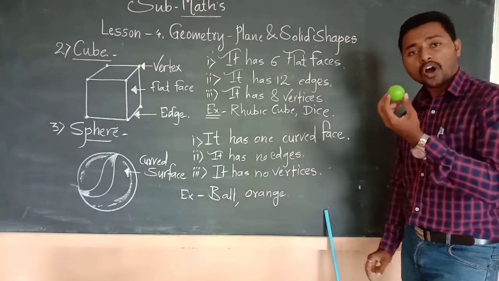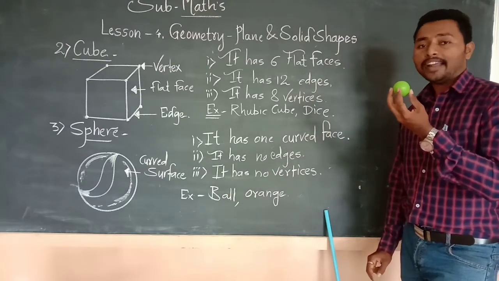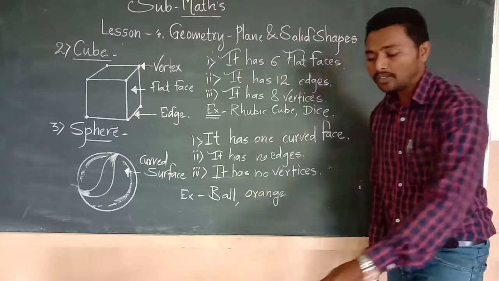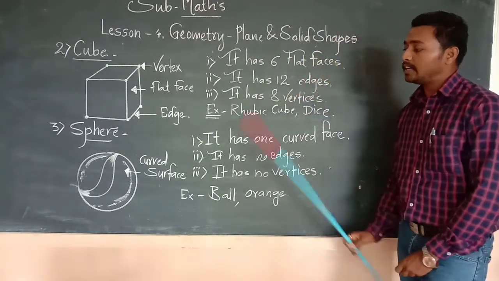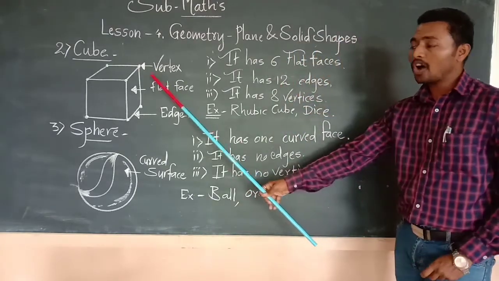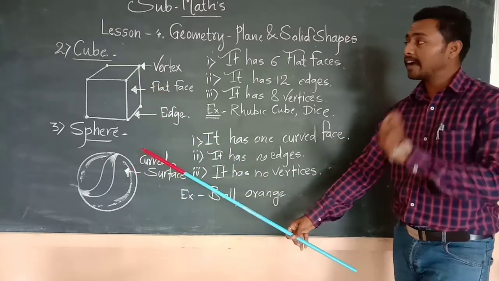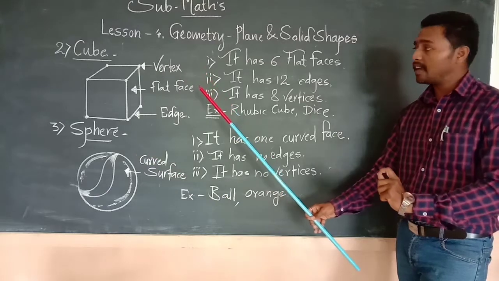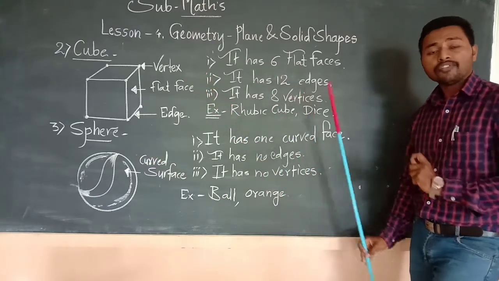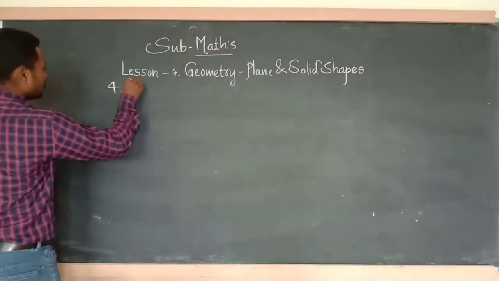Example: ball, orange, etc. So write down these important points in your notebook and also draw a neat labeled picture of a cube as well as a sphere and count their edges, their vertices and their flat faces.